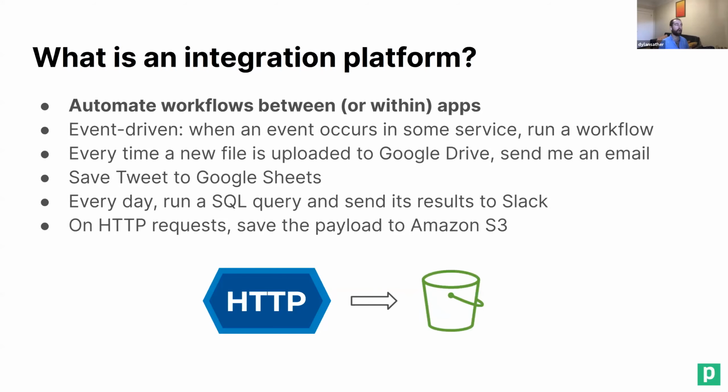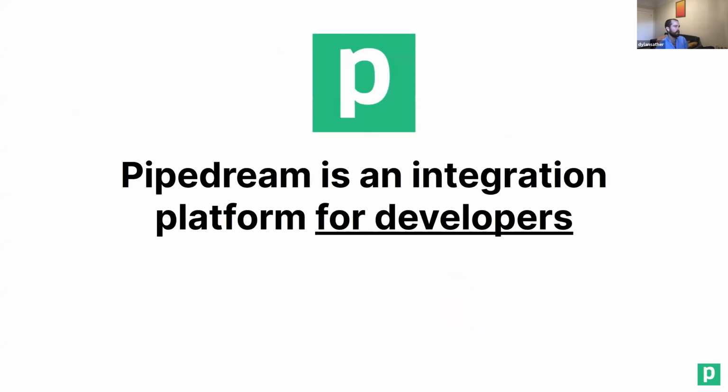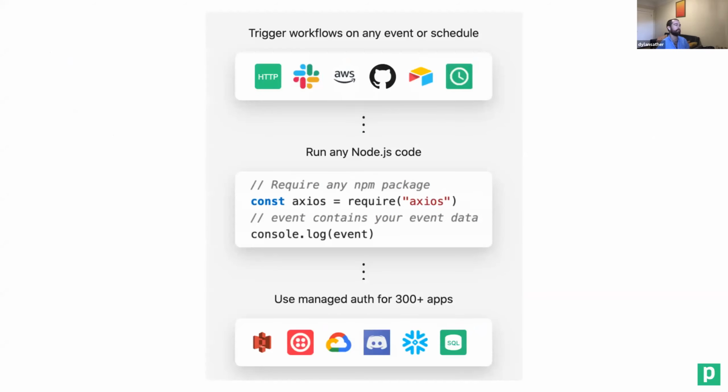And this generic use case of whenever I receive an HTTP request, I can save that payload to some storage service like Amazon S3. So these integration platforms like Zapier, IFTTT, Integromat, and others, and Pipedream, solve all these use cases and more. I want to talk about what makes Pipedream unique, though, because we have this philosophy that I'll dig into of being an integration platform for developers specifically, and I'll show you what that means.